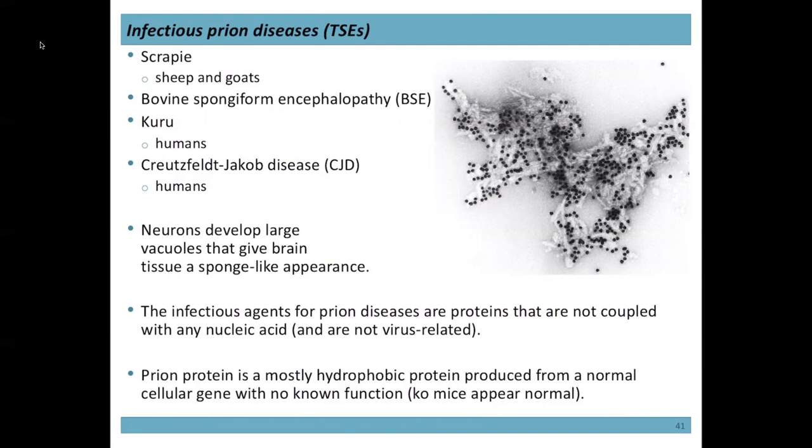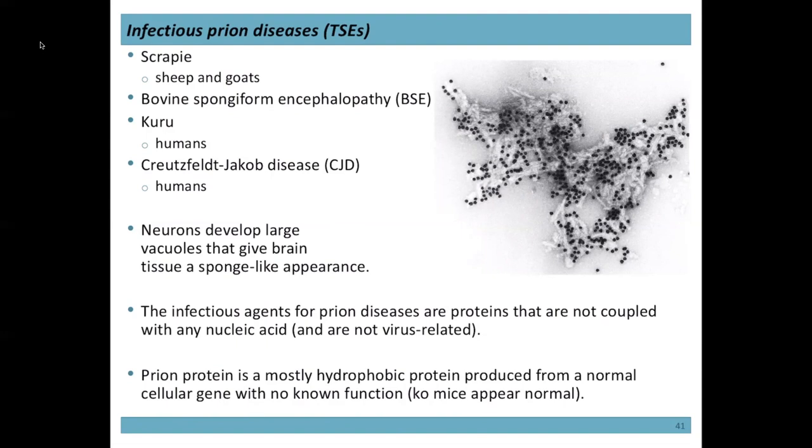And then you got Creutzfeldt-Jakob disease in humans, which is thought to be very similar to Kuru disease and also BSE, mad cow disease. What's interesting about these is the infectious agent that can be transmitted from one species to another is proteins that aren't coupled with nucleic acids, not virus related.